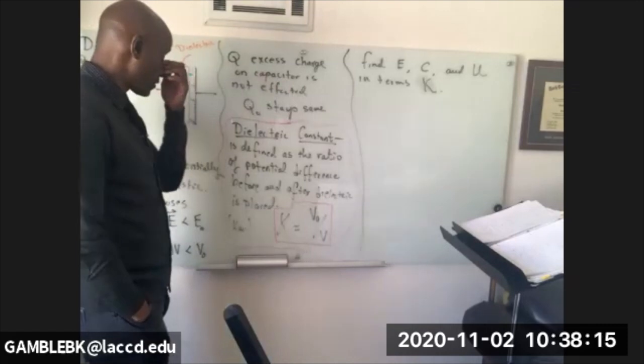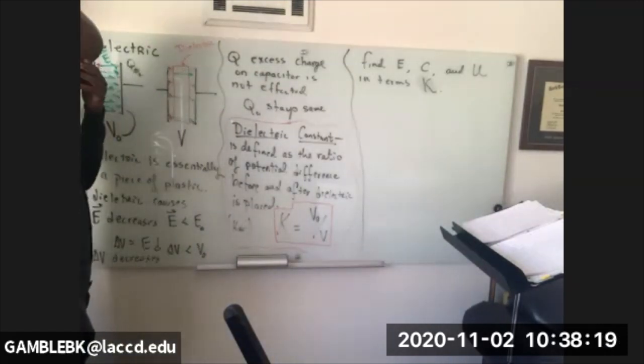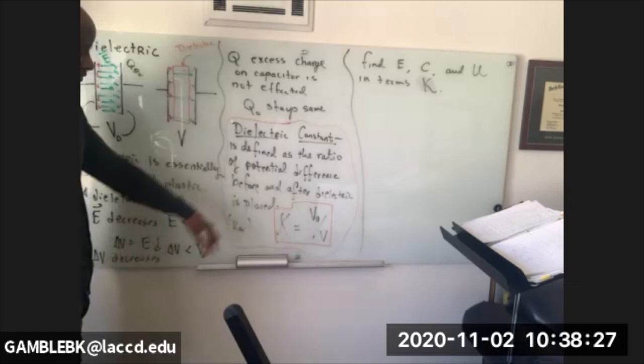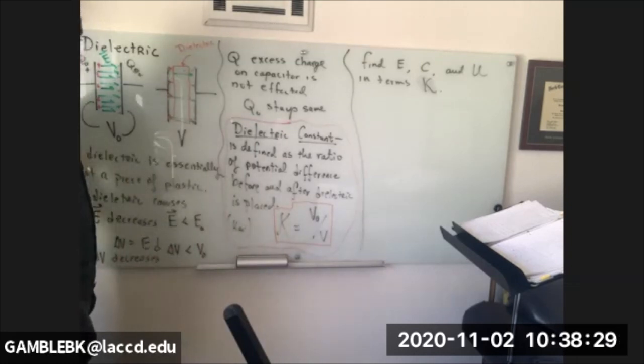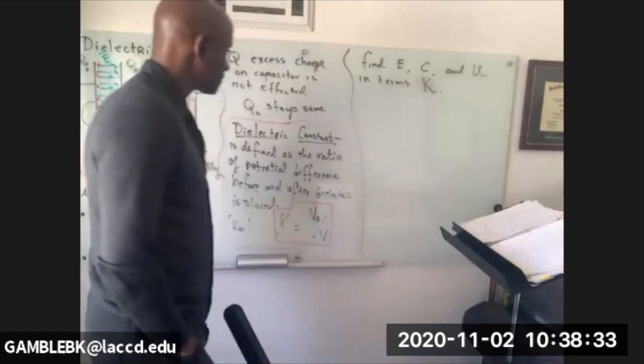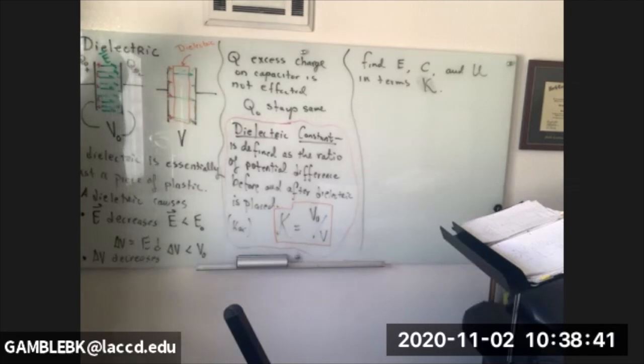Anybody come up with the first? Let's do E first. Anybody get that? It's only a couple steps, not very difficult. And we already know that E decreases. I just want to write it in terms of K. How would you do that? Anybody? Julia, did you make any progress with that?